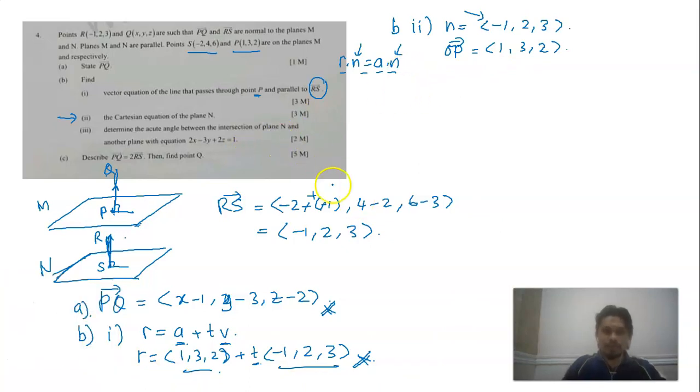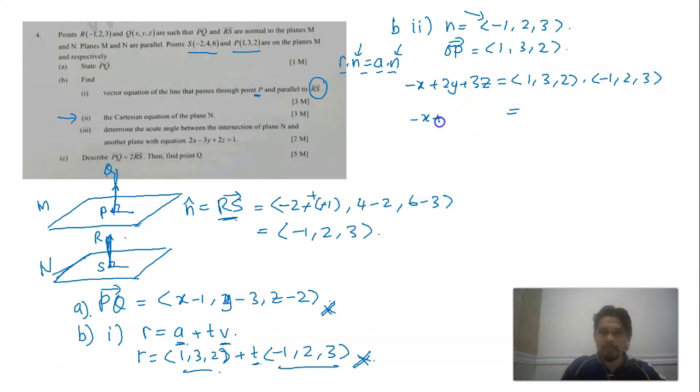Okay, so recall the RS, the n here. R dot n, where n is also considered as RS here, which is negative X plus 2Y plus 3Z equal to a, where a is (1, 3, 2). n is (-1, 2, 3).